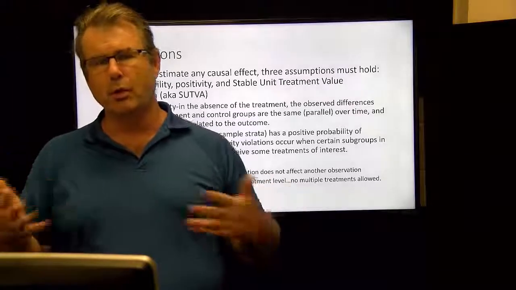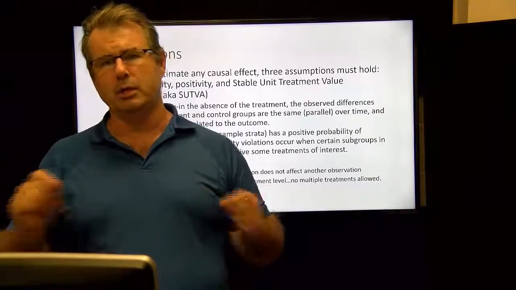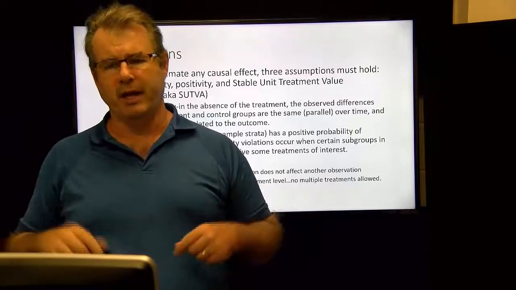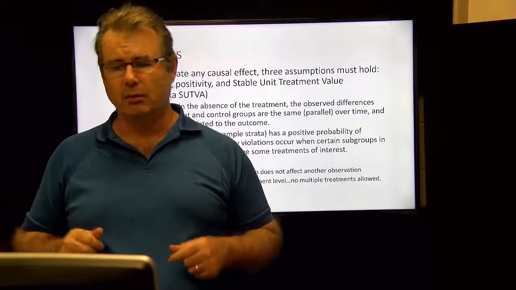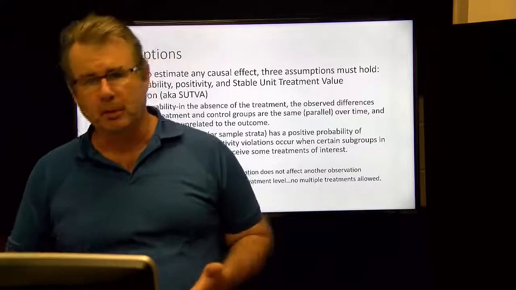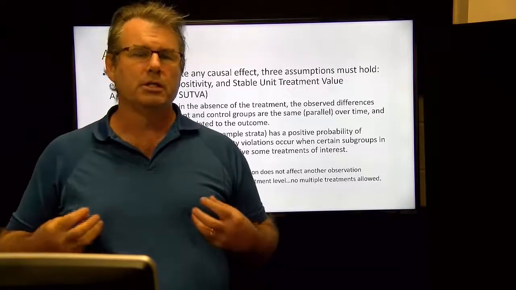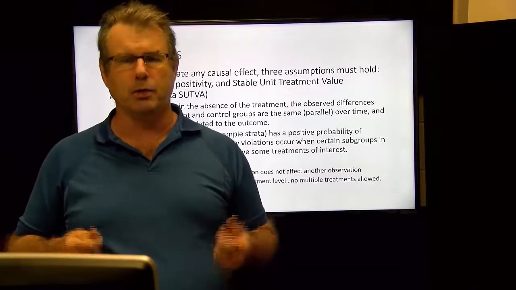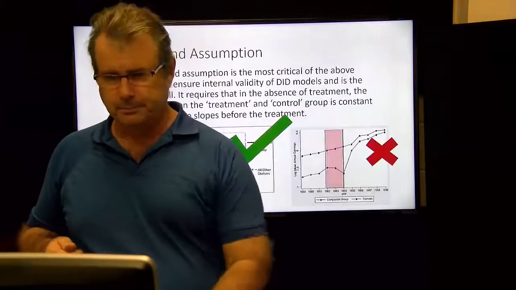There's no feedback loop that can potentially go on, and there are no spillover effects that can happen. Secondly, there's only one single version for each treatment. We don't have multiple levels of the treatment, and we don't have multiple treatments going on, because that would significantly complicate the regression that you'd have to create.